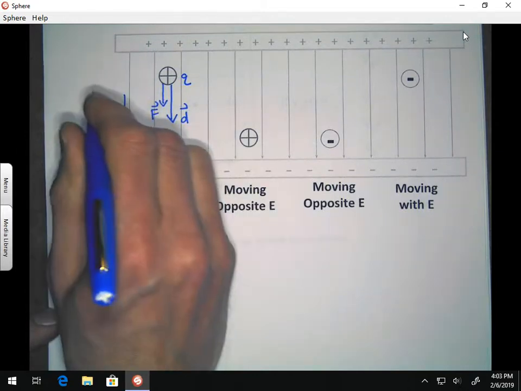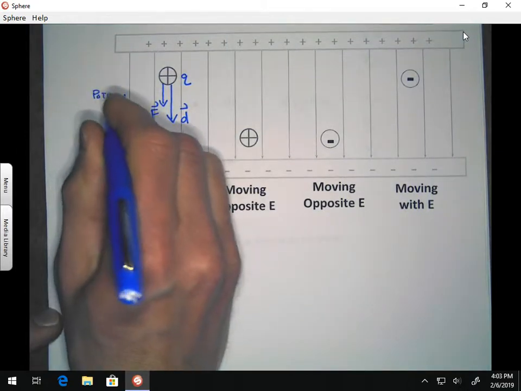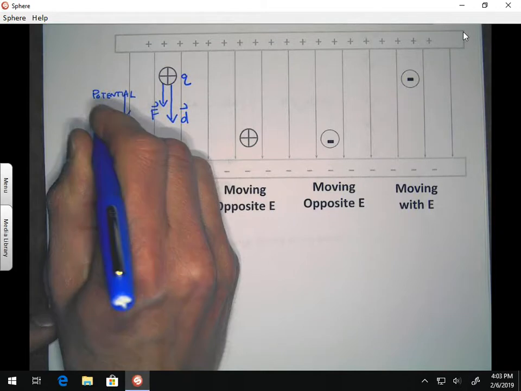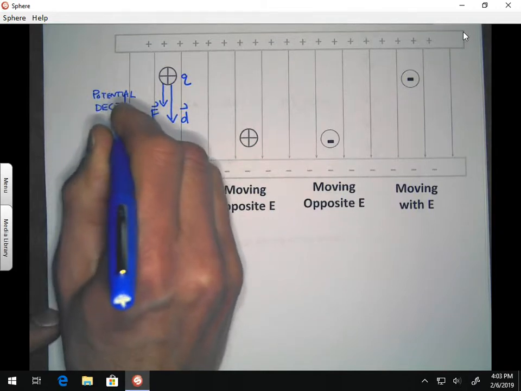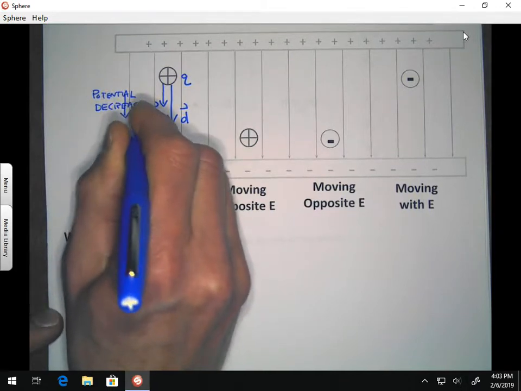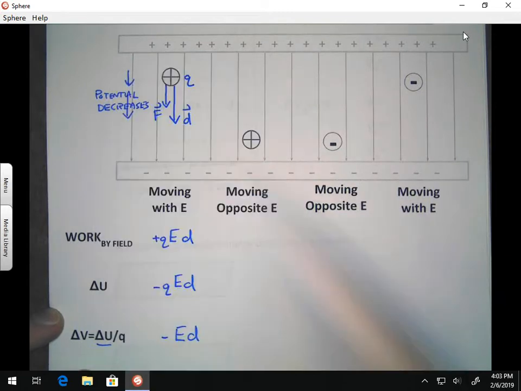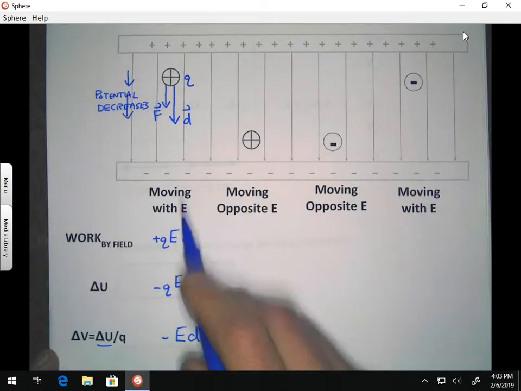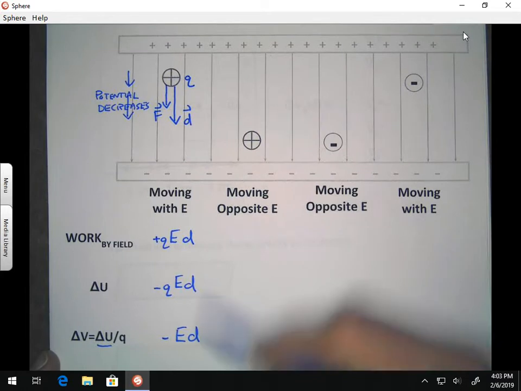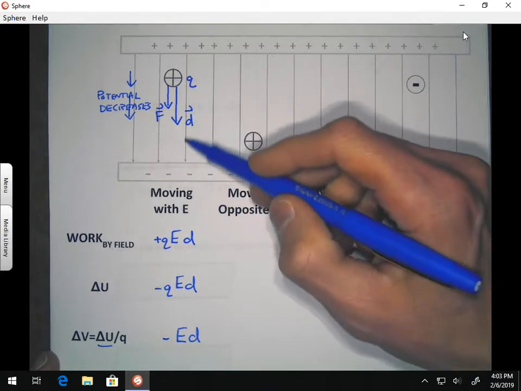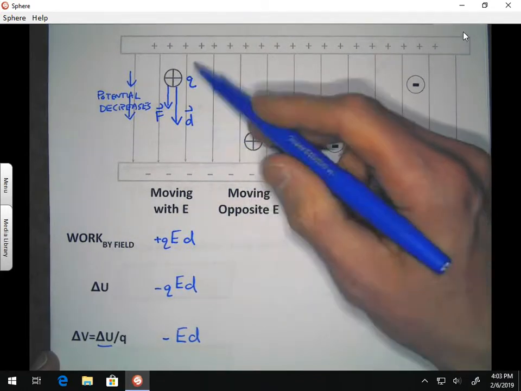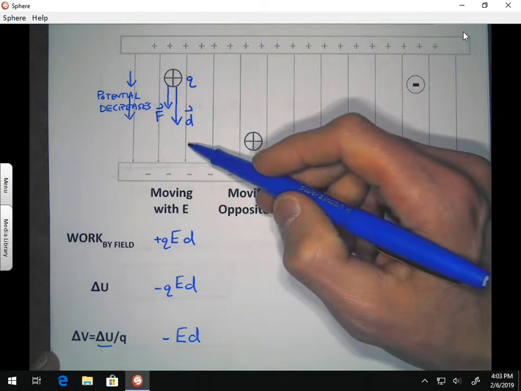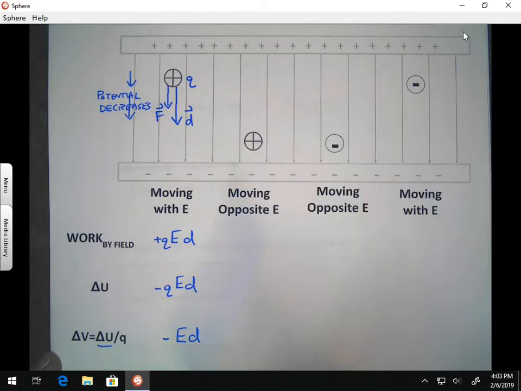I'm just going to make a note that the potential decreases. So as I'm moving with the electric field, my potential energy is going lower and lower, and my electric potential is going lower and lower. So the volts would be going lower and lower, right? Because this is measured in volts.